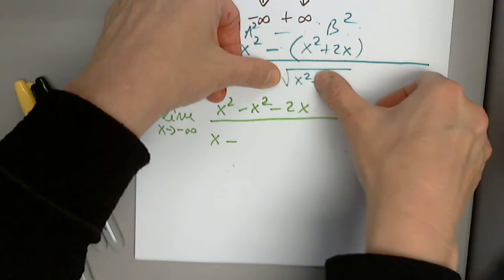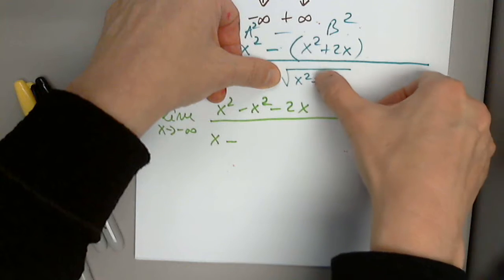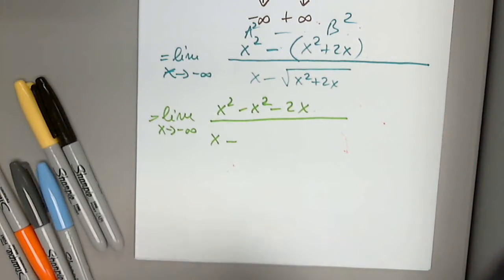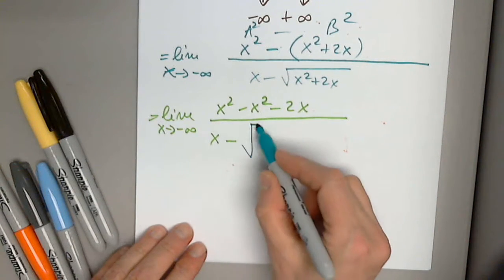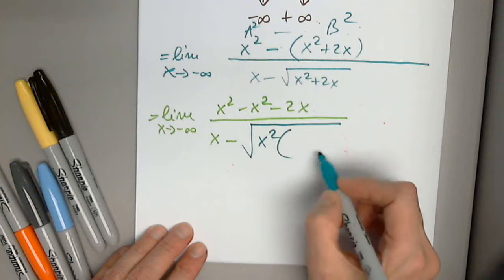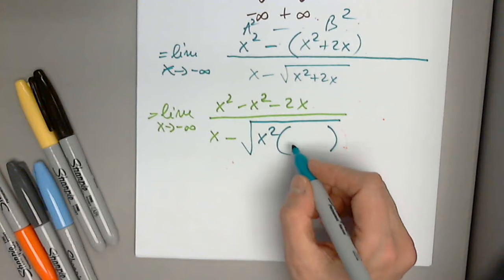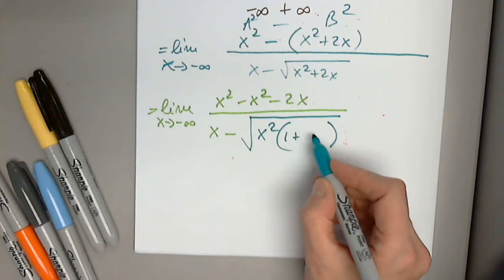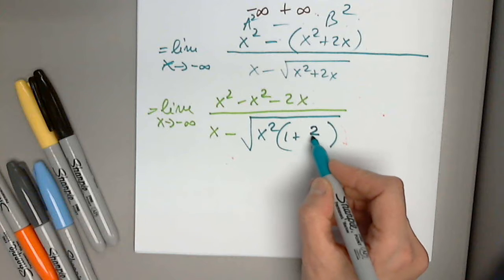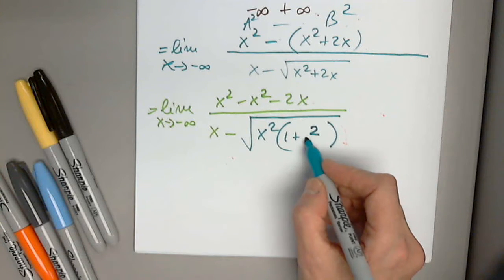What is the degree of this polynomial? I will factor out x squared. Not outside of the radical, please. Inside of the radical, I factor out x squared. How many terms do we have inside? 2. Yes. Please tell me what terms I have to write. 1 plus 2 over x. Perfect.